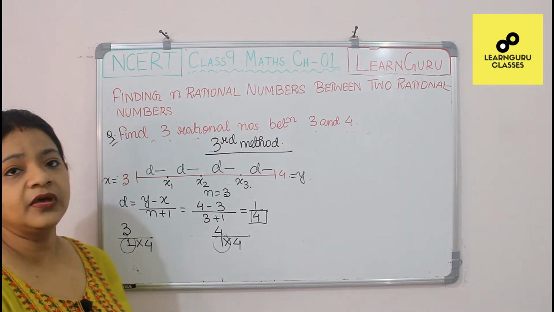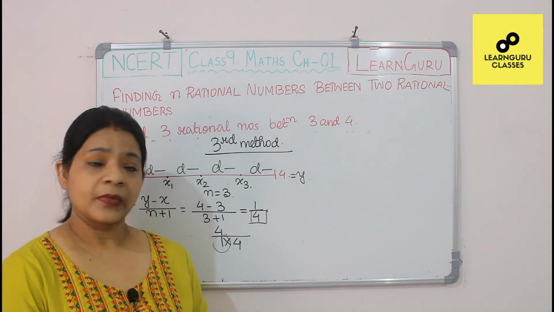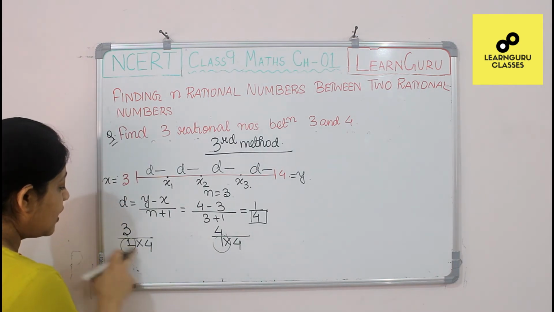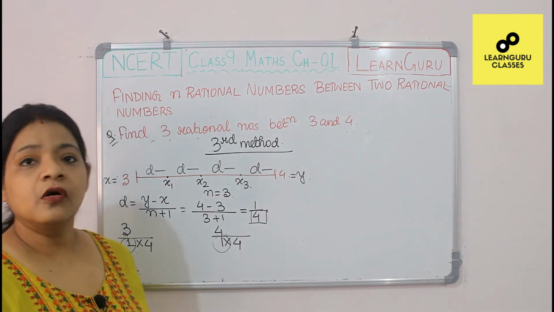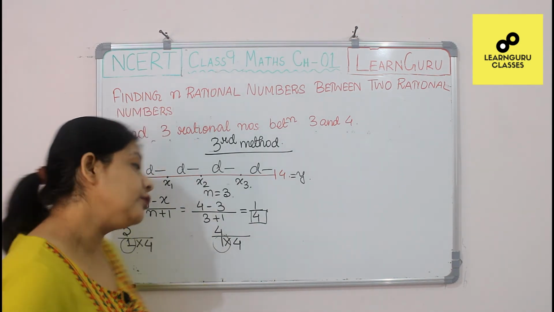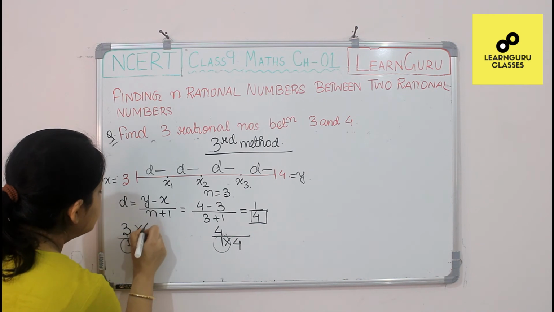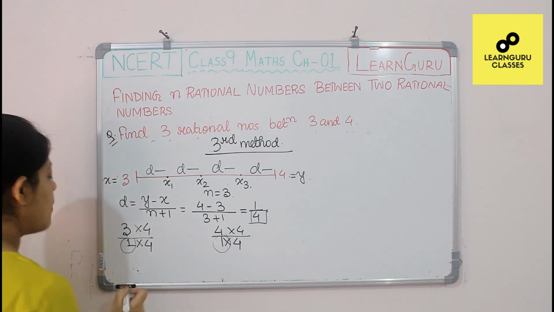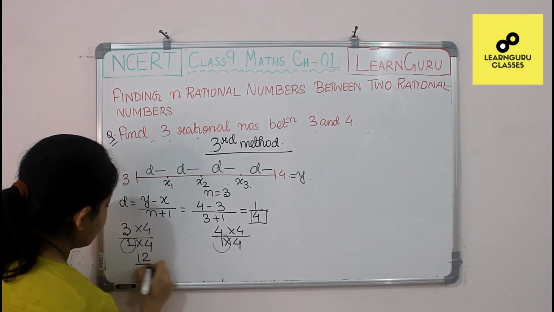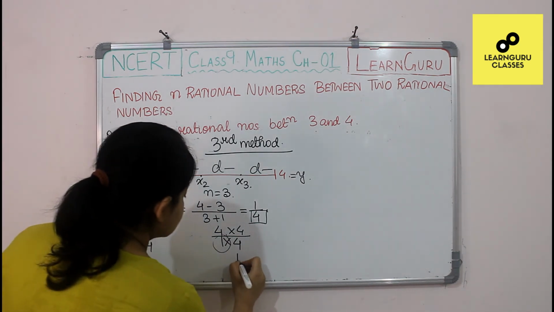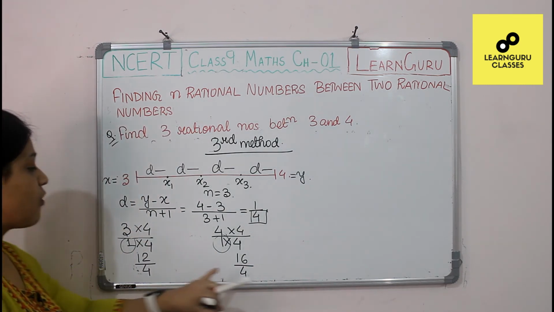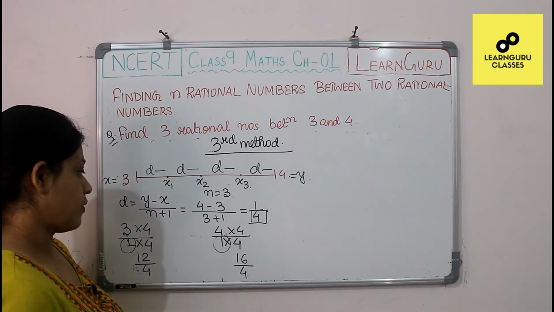So you have multiplied the denominator with 4, and again this is a rule that you have to multiply the numerator with 4 as well. So what are you getting? 12 by 4 and 16 by 4. Isn't it?